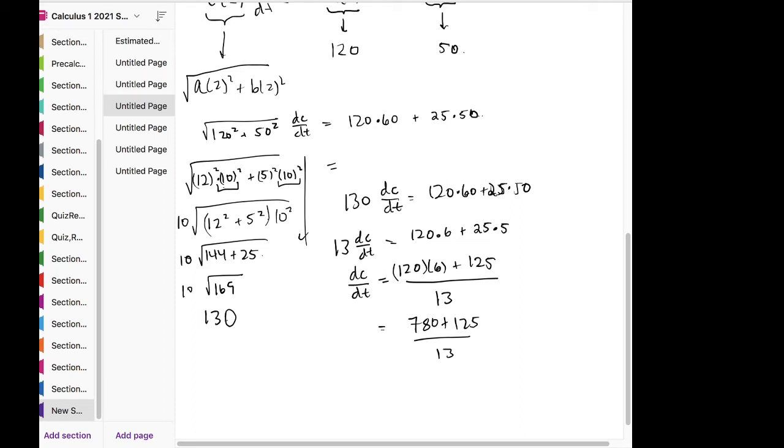If you factor out the 10 squared, then that's 10. So this step here is 10 squared times 12 squared plus 5 squared, and then it's the square root of 10 squared times the square root of 12 squared plus 5 squared.